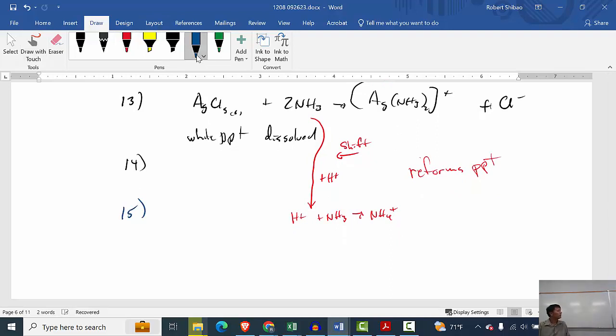So in 15, we're going to add concentrated ammonia, which is going to reshift the equilibrium to the right. And so we expect to shift right, and therefore the precipitate should dissolve again.